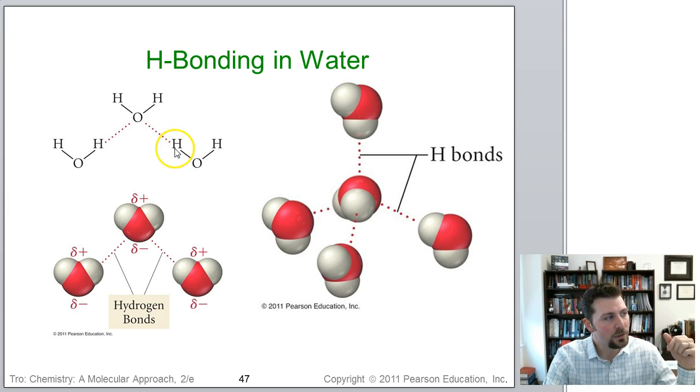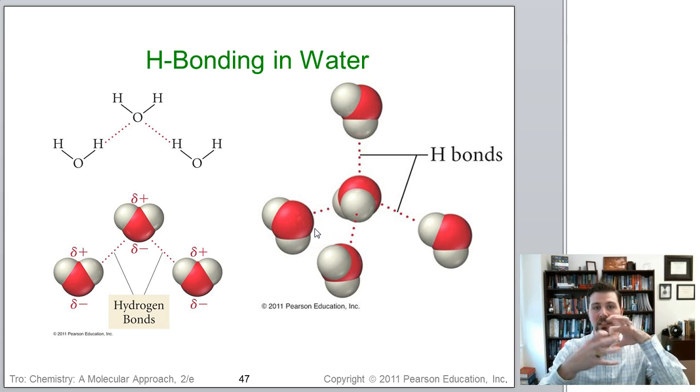So from that hydrogen to that oxygen, from that positive proton to that negative region of the electronegative atom on another molecule. And notice, water does this really, really well. It makes a series of hydrogen bonds, holding it together in a very interesting and complex way.